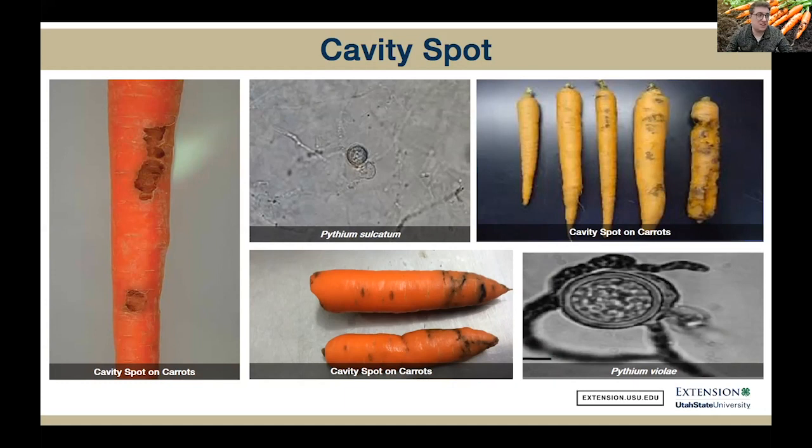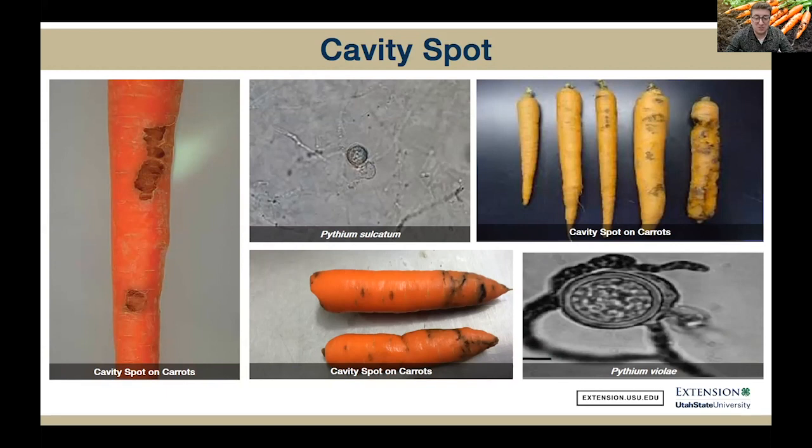diseases can overlap. So what happens with cavity spot is it causes these oval-shaped depressed lesions along the mature carrot taproots. You can see in that photo, the lesions are large enough and can measure up to 1 inch in diameter. The infections usually occur in the upper third of the root.